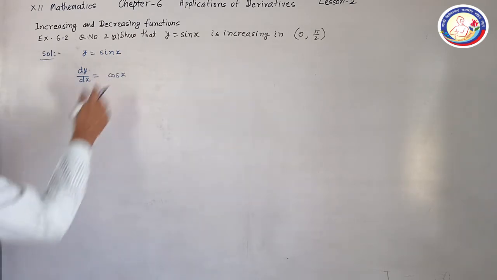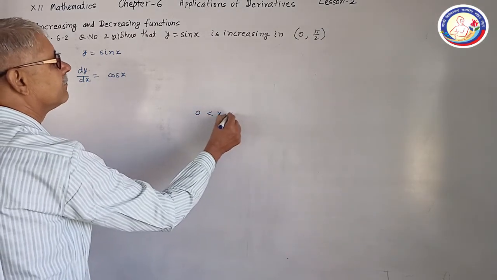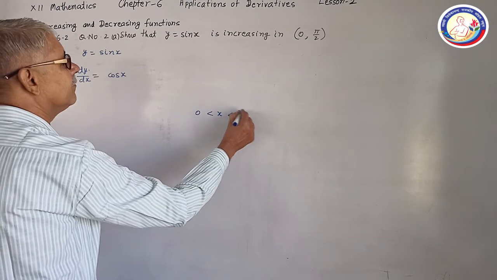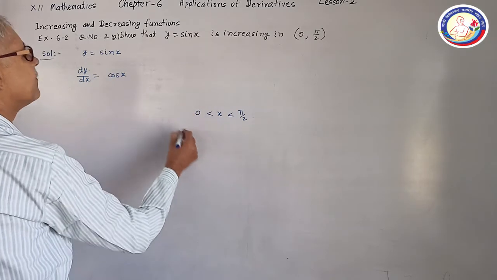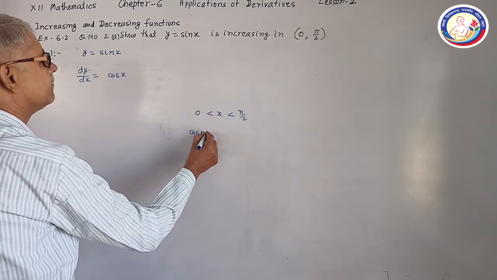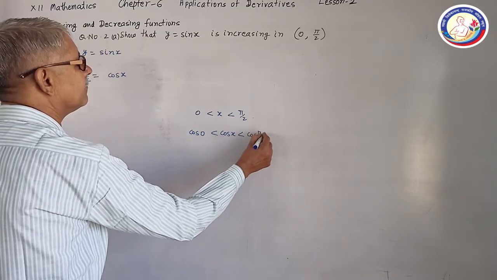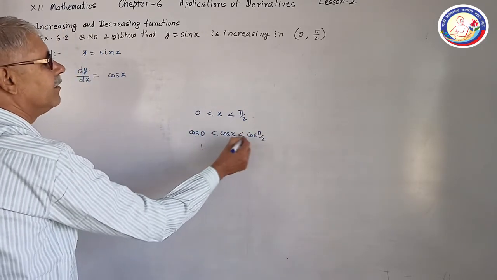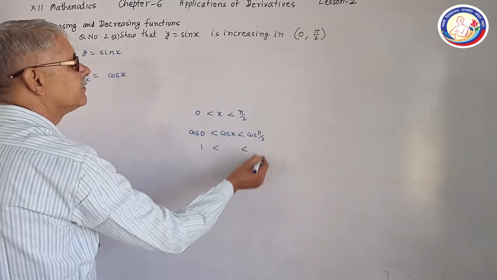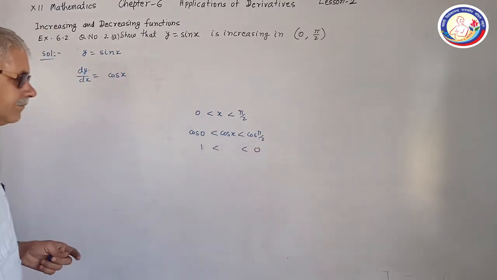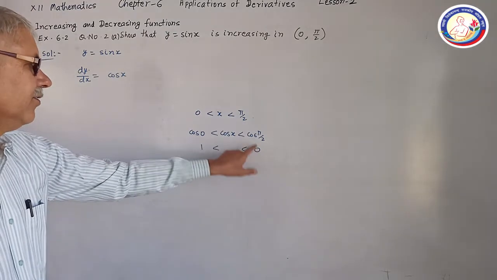And the values of cos x between 0 and pi by 2. So for cos 0, it is 1 and cos pi by 2 is 0. It starts from 1 and ends at 0 for pi by 2.